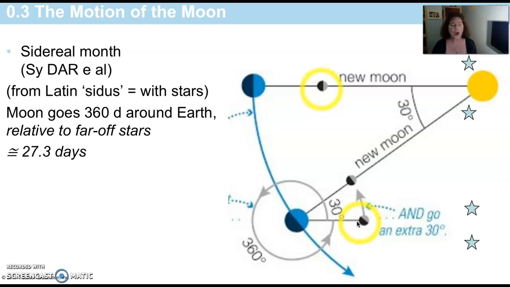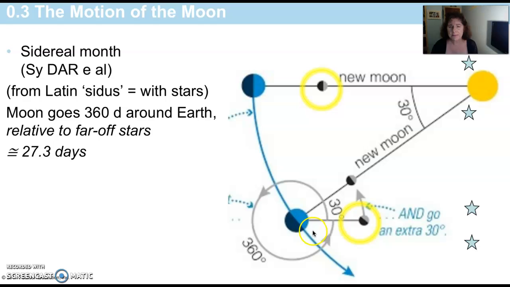And in fact, just like with solar days, we do not want to stick with sidereal days relative to the far off stars. We want to stick to our time relative to our nearest star, the sun. And since the earth has revolved and moved about 30 degrees along a 360-degree circle in the 1 month time, remember 360 degrees divided by 12 is about 30 degrees.